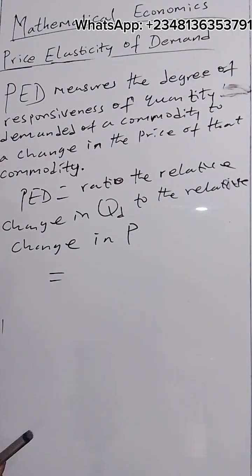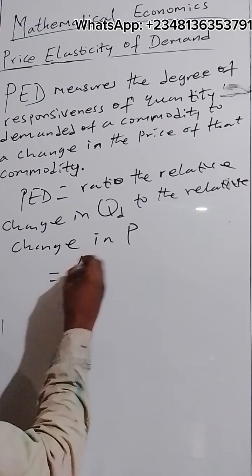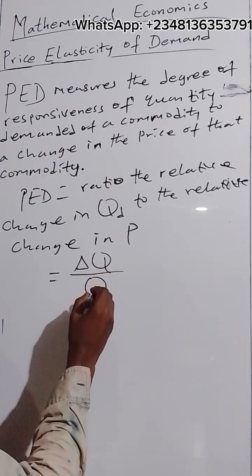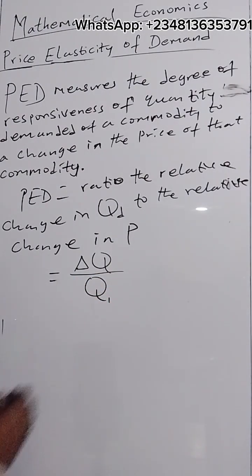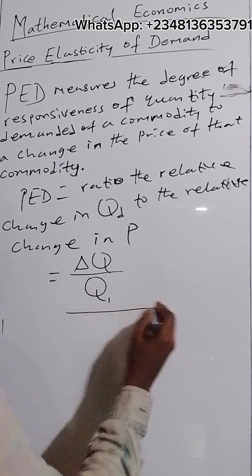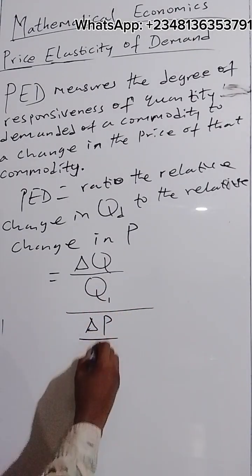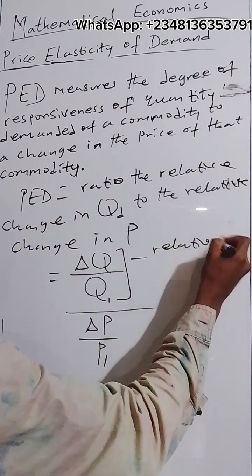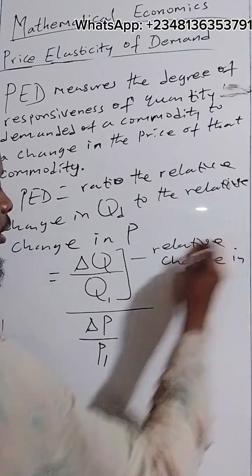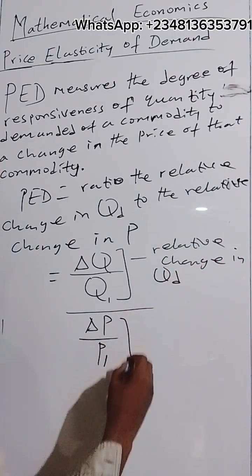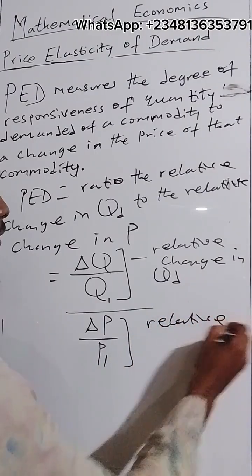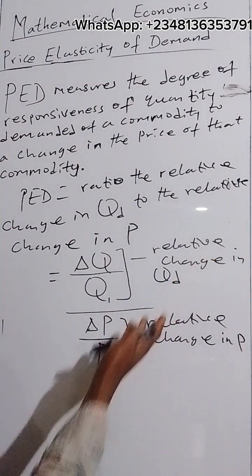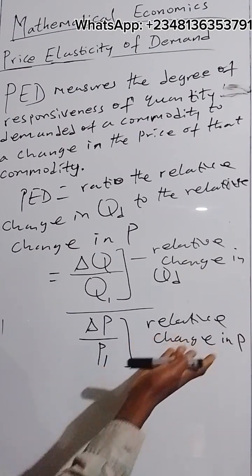I can write this as change in Q over Q1, divided by change in P over P1, where here we have the relative change in quantity demanded, and here the relative change in price.